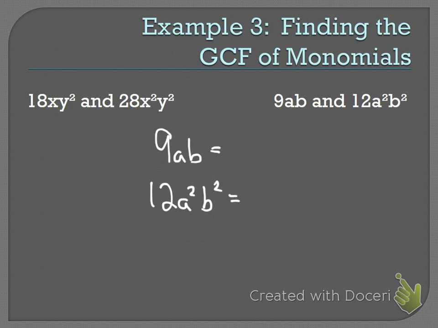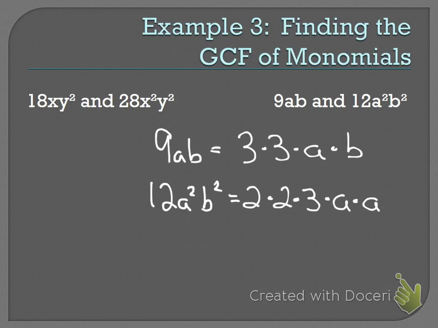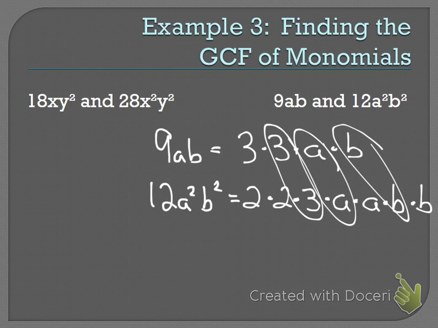All right, so what's the prime factorization of 9? 3 times 3 times a times b. What about 12a squared b squared? 2 times 2 times 3 times a times b times b. Okay, so what's my common number? My 3 and an a and a b.